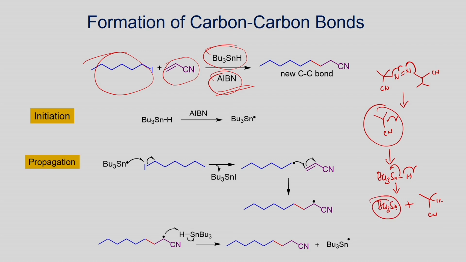Once you form the tributyl tin radical, if you have the alkyl halide, for example, it can react. You form tributyl tin halide plus alkyl radical.